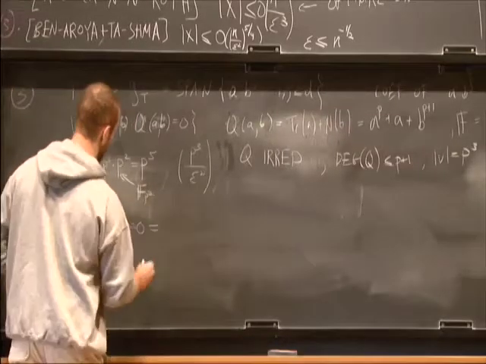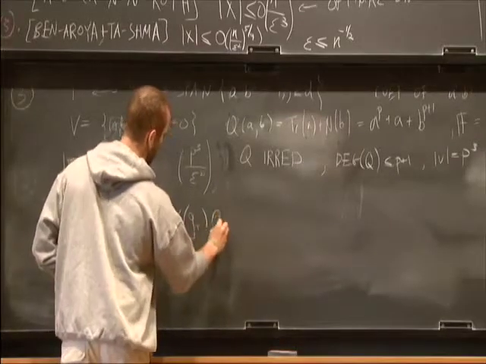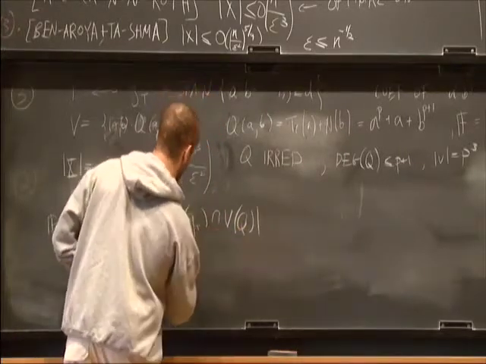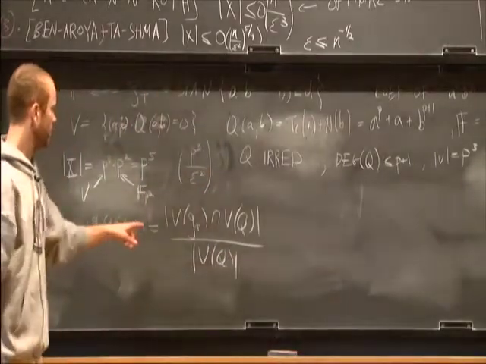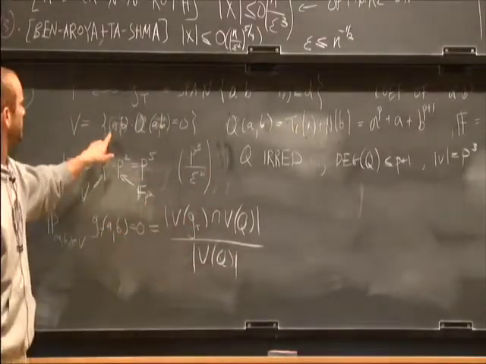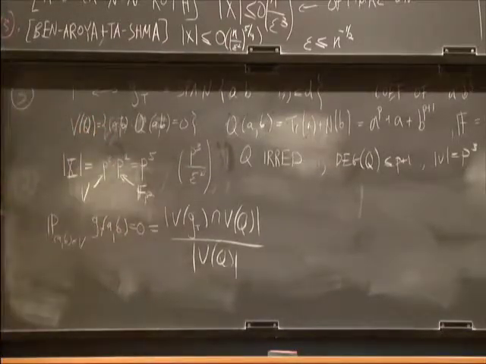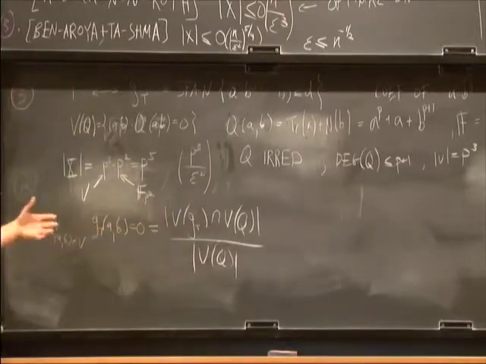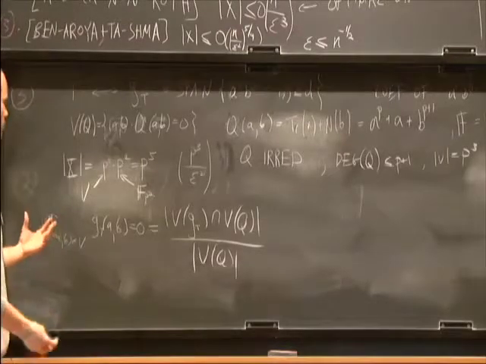This is equal to the size of the variety of G intersection the size of the variety of Q, over the size of Q. This set is V of Q, and we can do the same for V of G. And now is the place where we need to argue something.